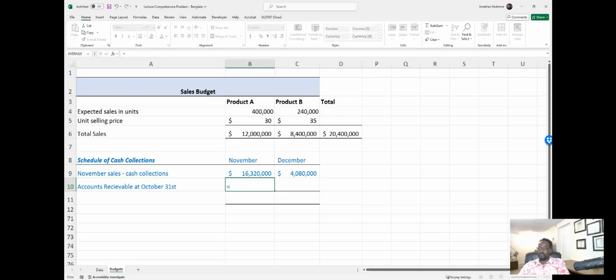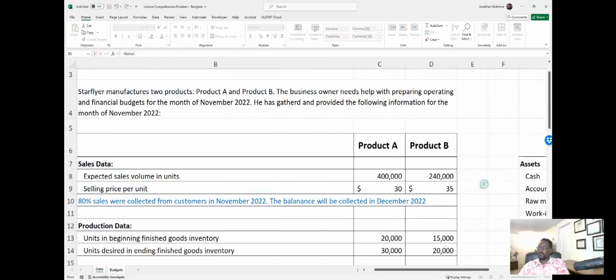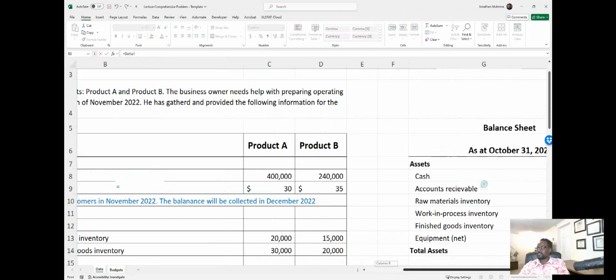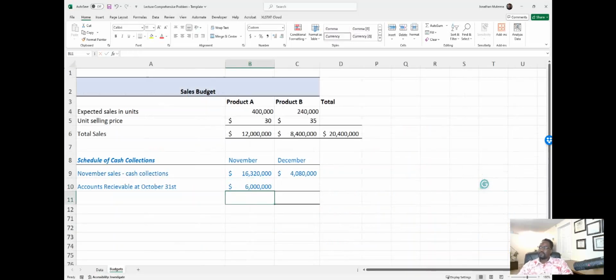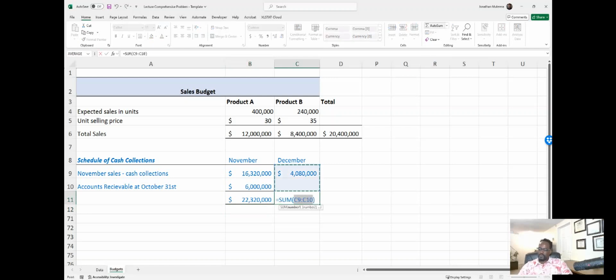So if we go to our balance sheet, you will see that accounts receivables, yes, 6 million was from the October sales. The 6 million was collected in November. So the cash collections in November would be this, and then in December would be collecting this.